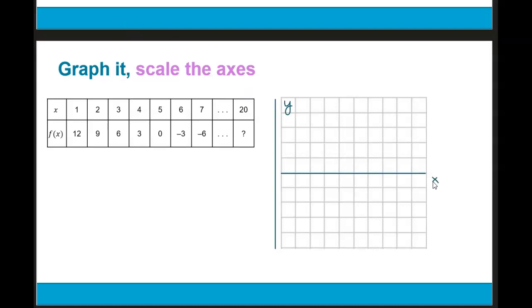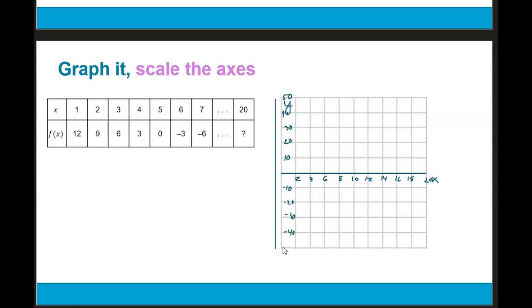So there's our y, here's our x, and instead of counting by 1s now, I'm going to count by 2s on the x. 2, 4, 6, 8, 10, 12, 14, 16, 18, 20. And on the y-axis, I'm going to count by 10s. You can count by different numbers on the y than on the x, that's okay. So this is going to be 10, 20, 30, 40, and 50, and then we'll go -10, -20.